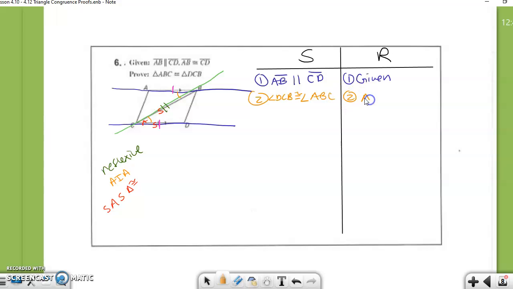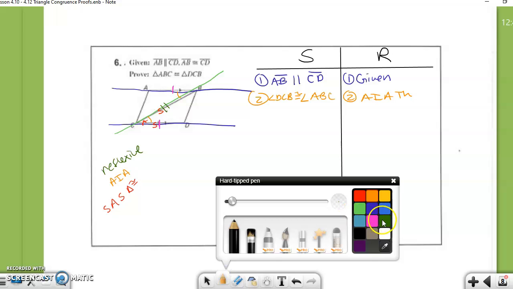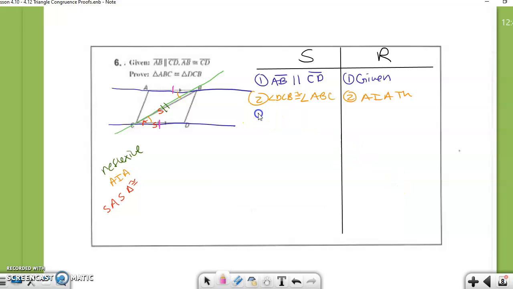And that was alternate interior angles theorem. Wonderful. Okay. They also gave me the information that AB is congruent to CD.